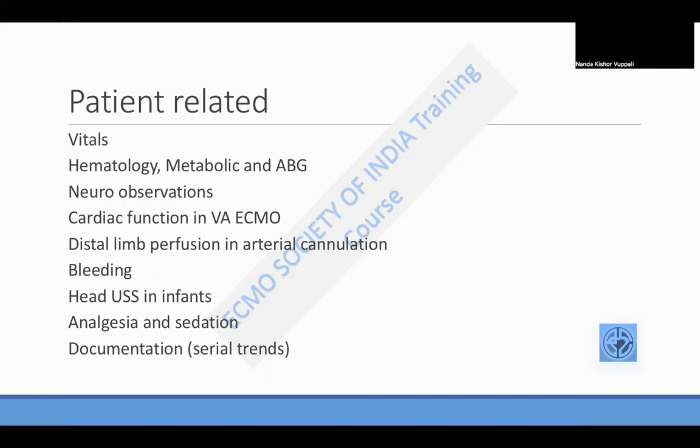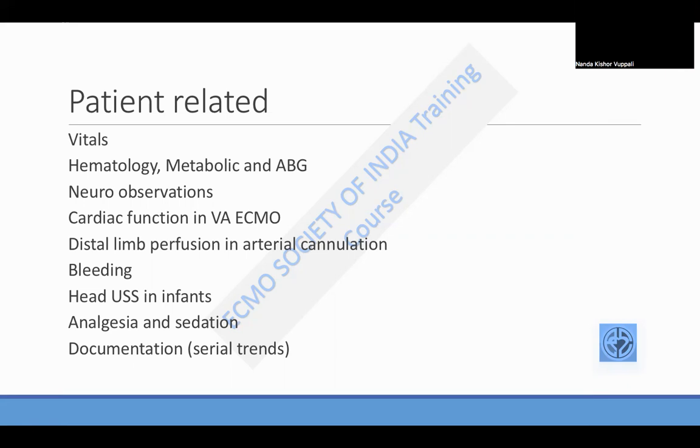Similarly, when you cannulate the artery, what we're looking at is the distal limb perfusion. Even though you put a cannula into the distal limb, you want to make sure that perfusion is enough to that leg. Because this is a constant flow, not a pulsatile flow, we won't be able to feel the pulse, nor get pulse oximetry on the limb.